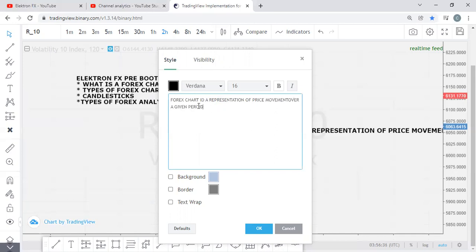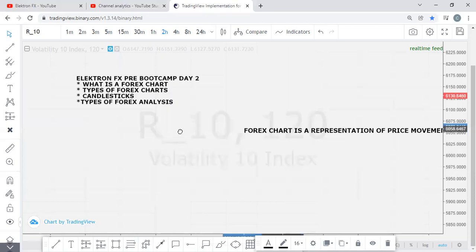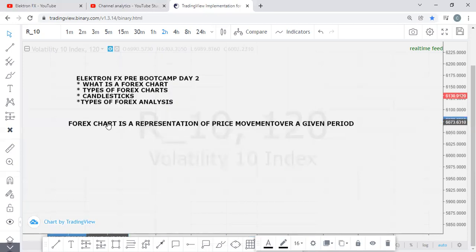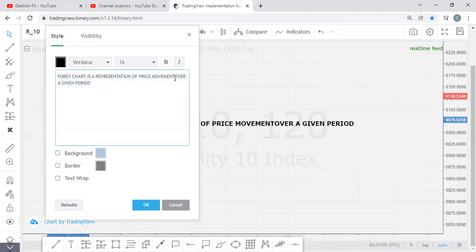That means let's assume that crude oil moved from $1 to $2 between yesterday and today, then next week it went to $15, and then the other day it moved to $20. What this chart represents is how the price moved. So if price was maybe $1 a few hours ago and now it is $3, and then it moves to $6, how can you know?